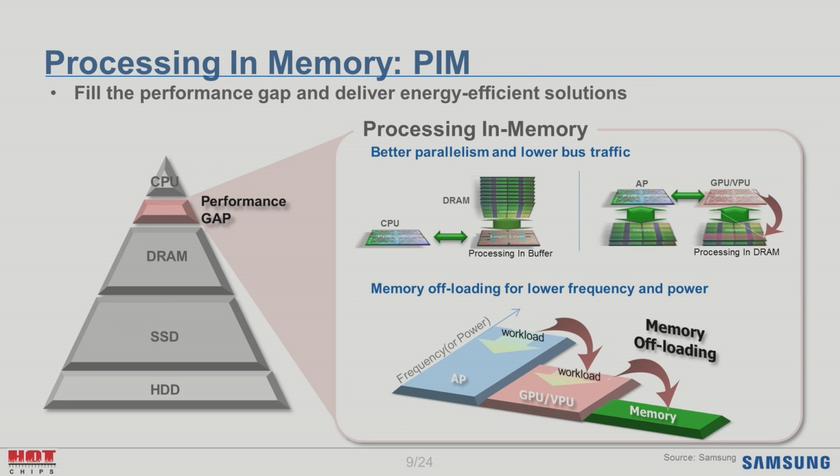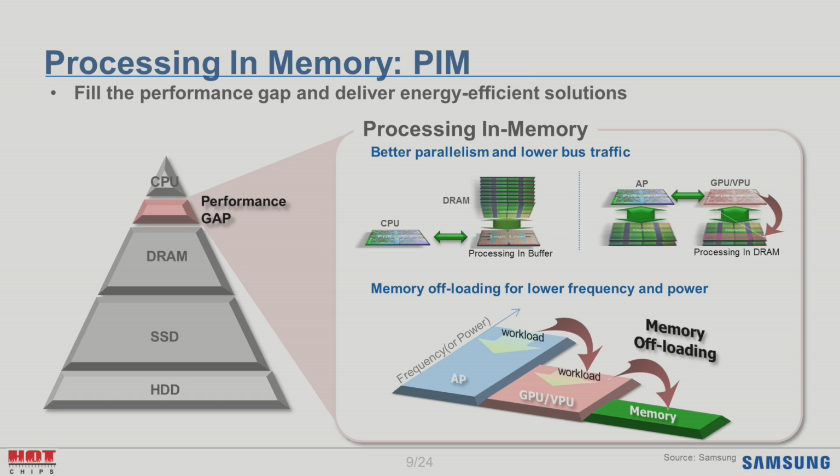Okay. Another innovative approach is PIM. PIM is processing in memory. As you can see, there is a gap between the DRAM and the CPU. In order to fill the performance gap, we can consider an efficient solution. I think there is processing in memory, PIM.